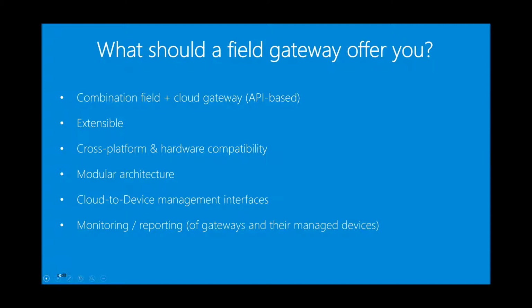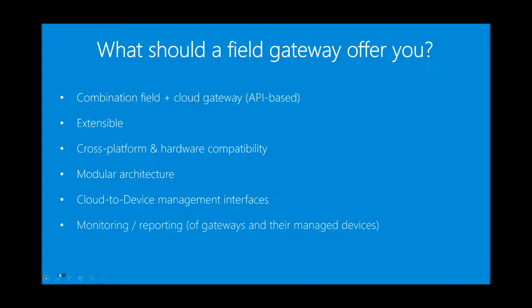Some of them will even offer you 300 different protocol compatibilities that you can connect over to the cloud. And that's all fine, but the field gateway is much more than a box with some protocol implementation that you put on the field. The points that I am listing in this slide, we have seen that it is really important for your gateways or for your devices to be able to satisfy these conditions.